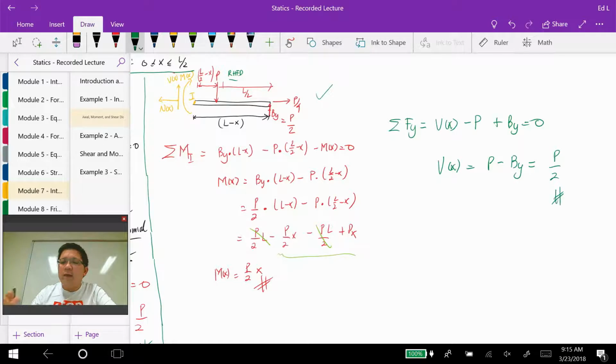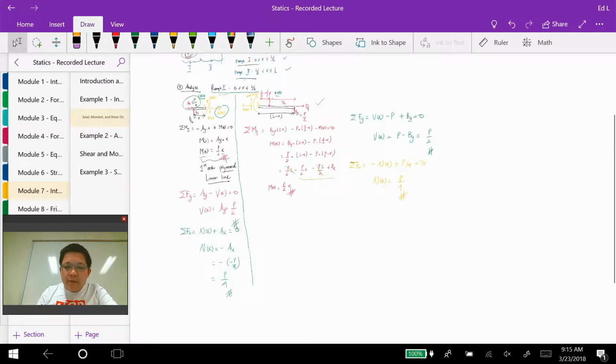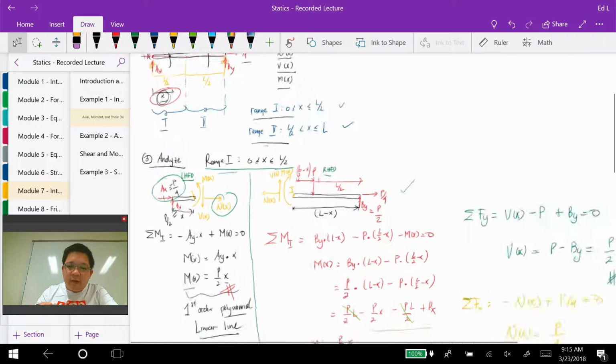Again, this expression is the same as what we obtained from the left hand free body diagram. Lastly, we take the sum of the forces in the x. We have negative N of x plus P over 4 equal to 0, so my N of x is equal to P over 4, the same expression that we obtained from the left hand free body diagram. And we finish with range 1.